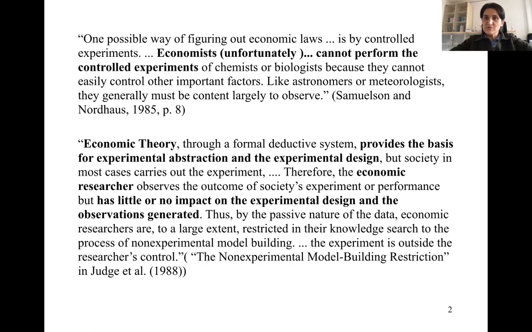Like astronomers or meteorologists, they generally must be content largely to observe. So they can use the data obtained outside, but they cannot use laboratory experiments. But this has mostly changed recently. We are going to see how it changed.